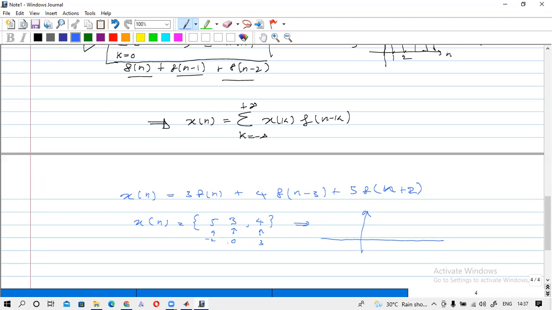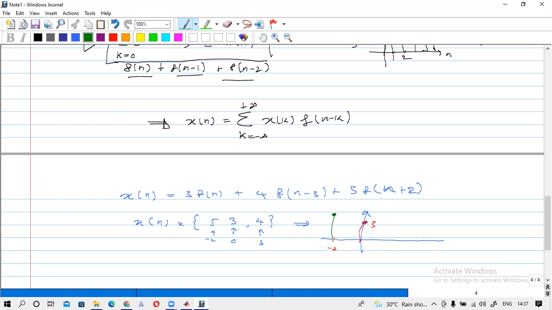So this is the 3 at 0. I have one impulse like this, but it is 3 here. And at minus 2 I have 5 like this.